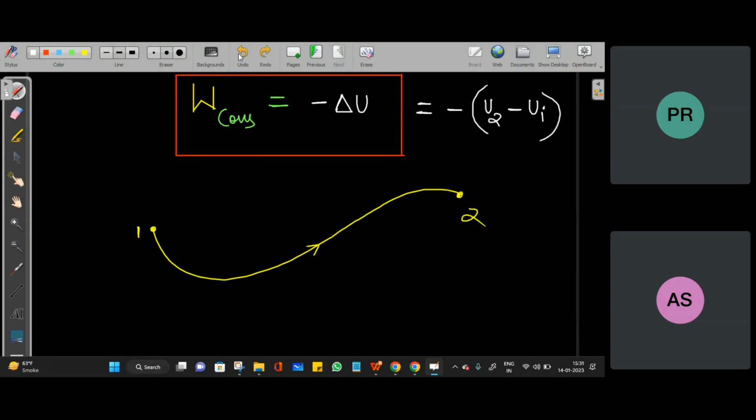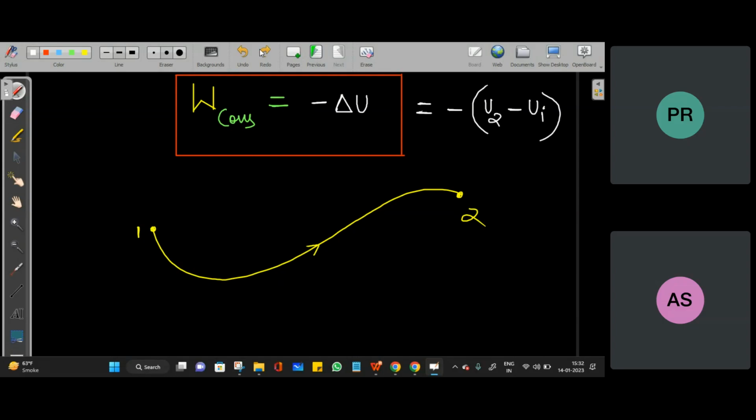I said that only change in potential energy is significant, but it does not mean that there is no potential energy. Potential energy is there, then only there will be some change, no? But the thing is that potential energy has no absolute value. That depends on the reference point. Change in potential energy has absolute value.